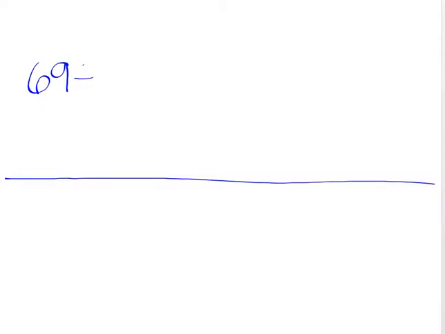So let's look at a couple of examples, and you could do these along with me in your notebook, please. All right, we're going to only focus on estimating first. Let's first pretend we have to divide 69 divided by 9. Okay, so in your notebook, we can go two ways with this. You're thinking in your brain, I definitely don't want to make this 70 divided by 9 because that's going to be a disaster.